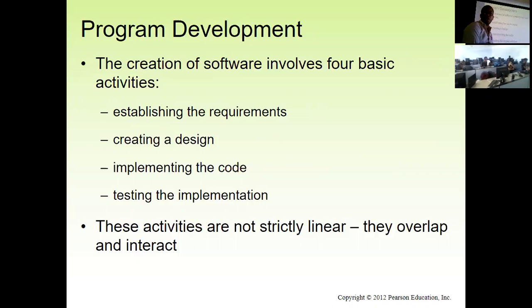Now, sometimes you do a little of each, and then you go back to the previous activity, and you move back and forth, because in a lot of cases, you don't have perfect information. And when you get to more in-depth software development courses, you will learn some of the issues associated with building software, why these things can never be really linear.